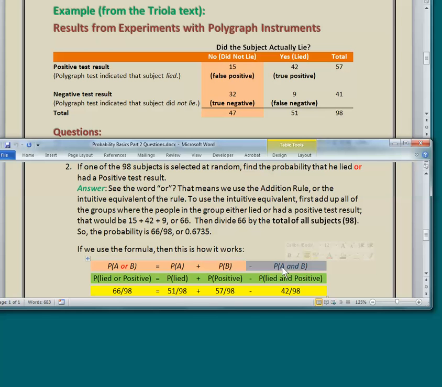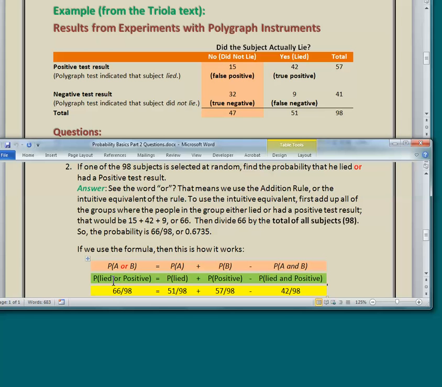Well, the first thing we want to do is be clear on what all these A's and B's stand for. And that's what this green line is for here. So we're going to say that A stands for the fact that the person actually lied. And B stands for the fact that the person tested positive on the polygraph instrument.